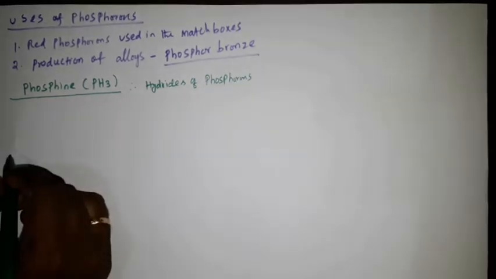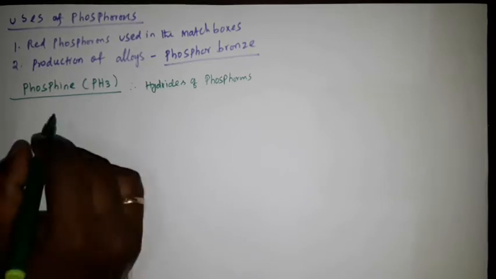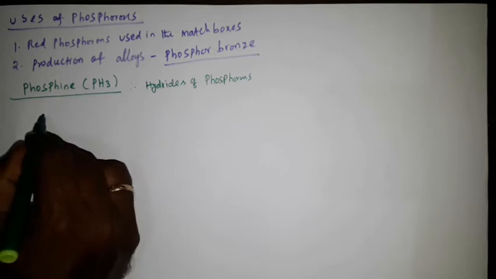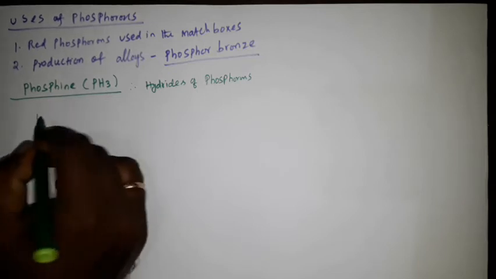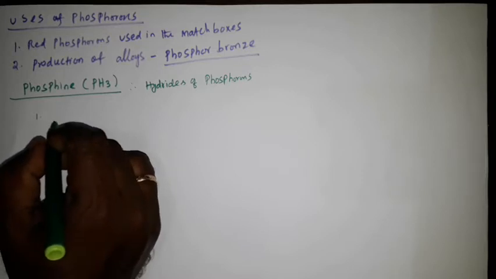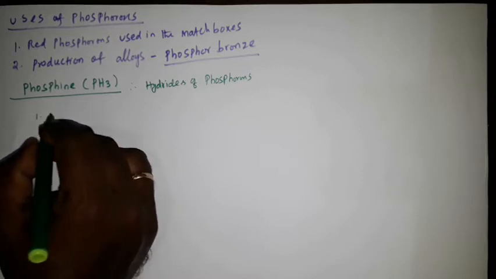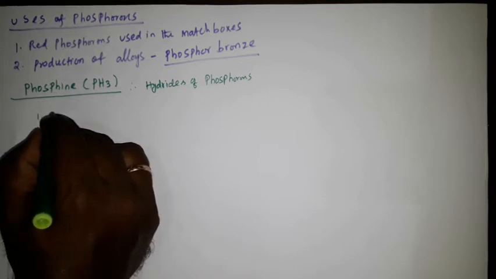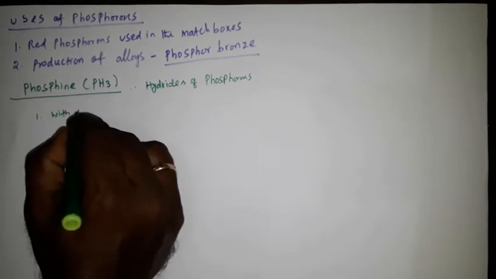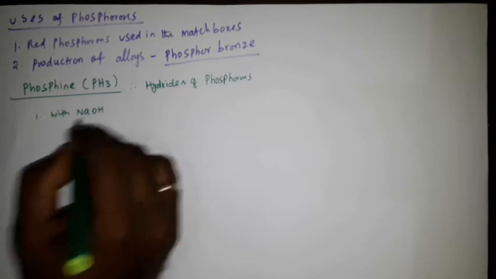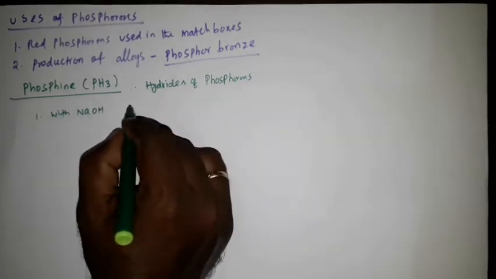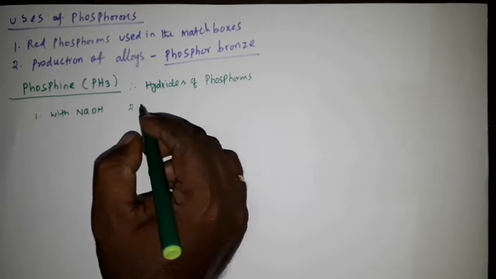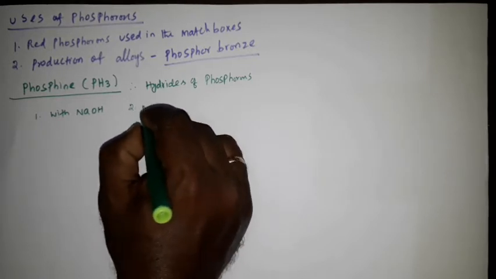There are four important methods to prepare phosphine. The first is phosphorus with sodium hydroxide, NaOH. The second method is from metallic phosphides.